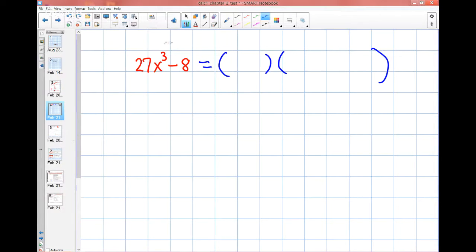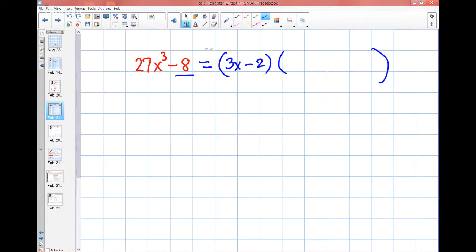For the binomial, you take the cube root of the first term, which would be 3x, and here you take the cube root of that, which is 2, and then you keep the sign the same. So negative out here, negative there.